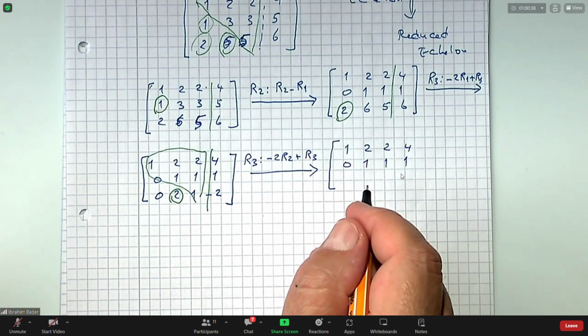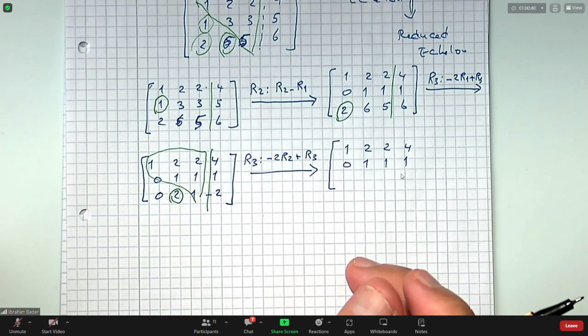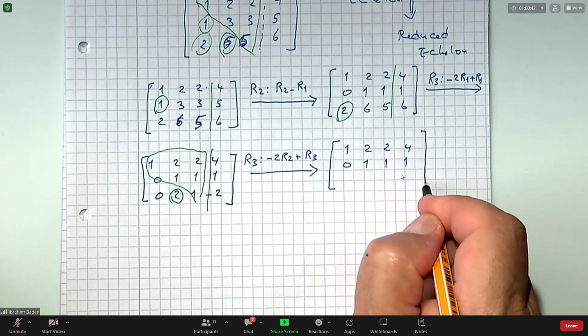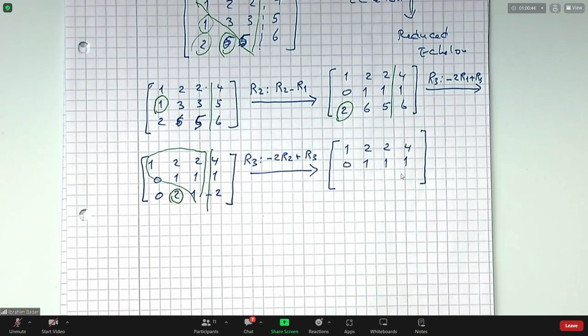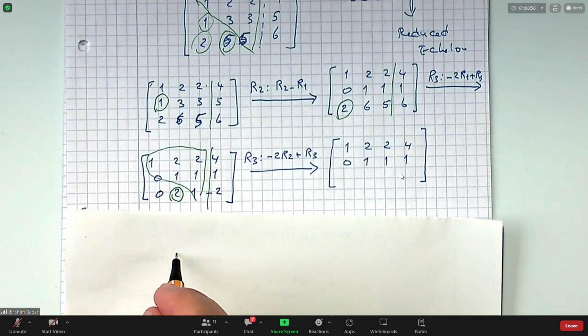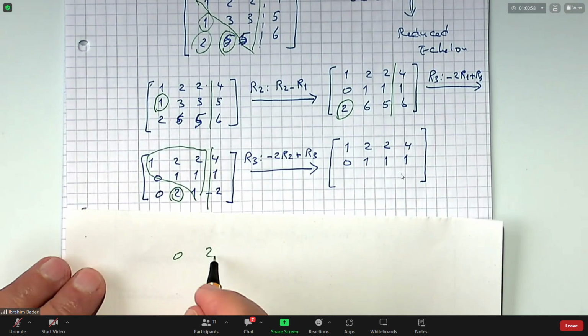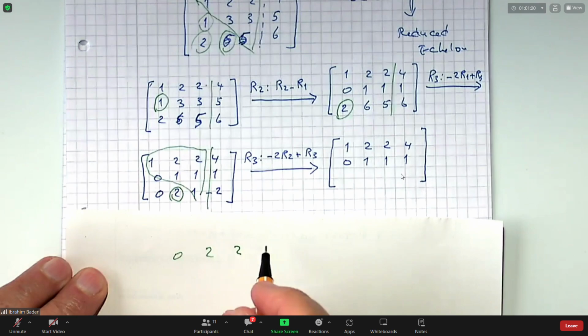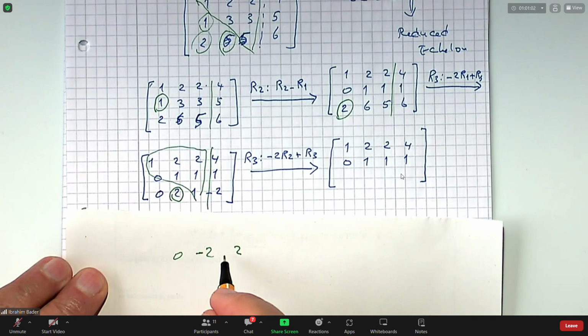Now what I get here is, again, going to be done on this scratch paper here. So I go to the second row, multiply it with 2. So I'll be getting 0, negative 2, negative 2, negative 2.